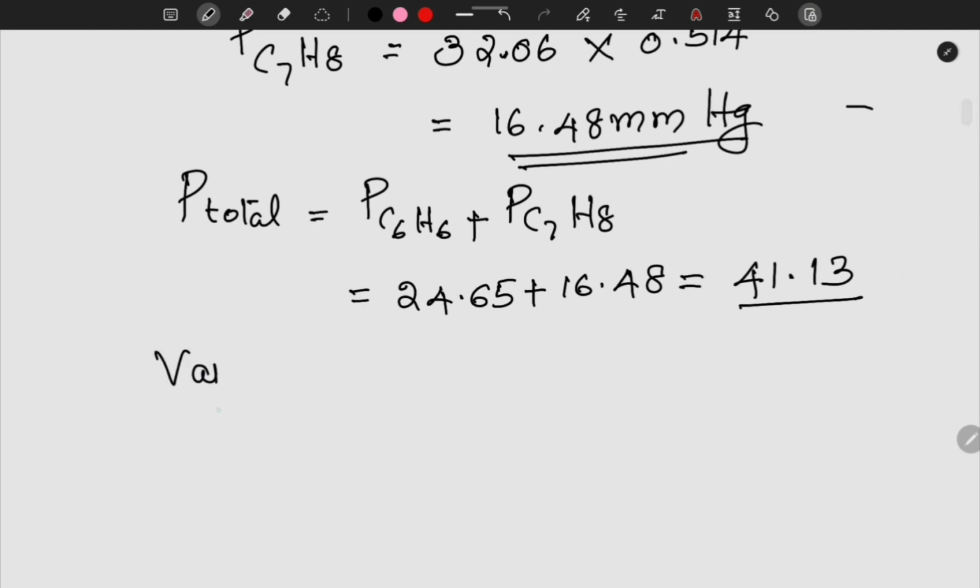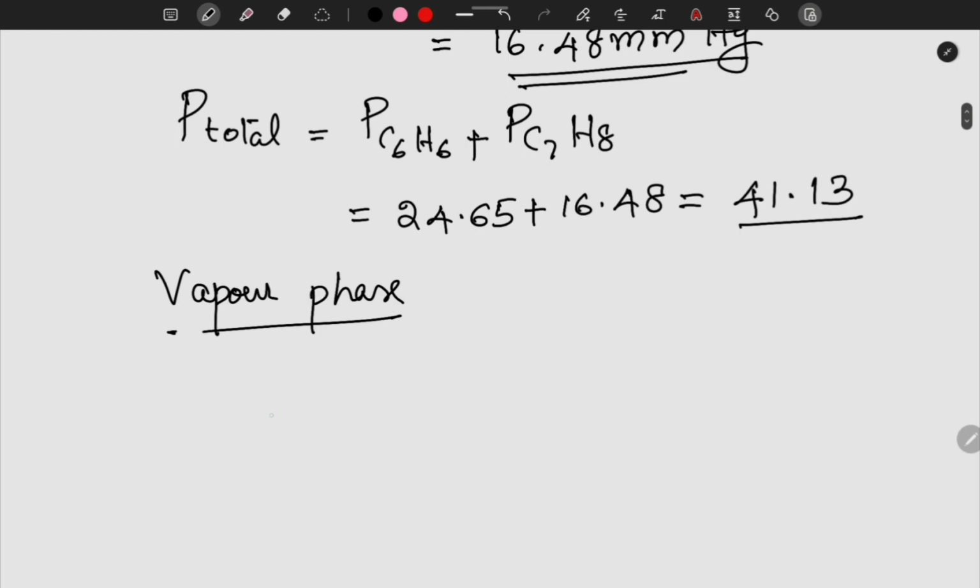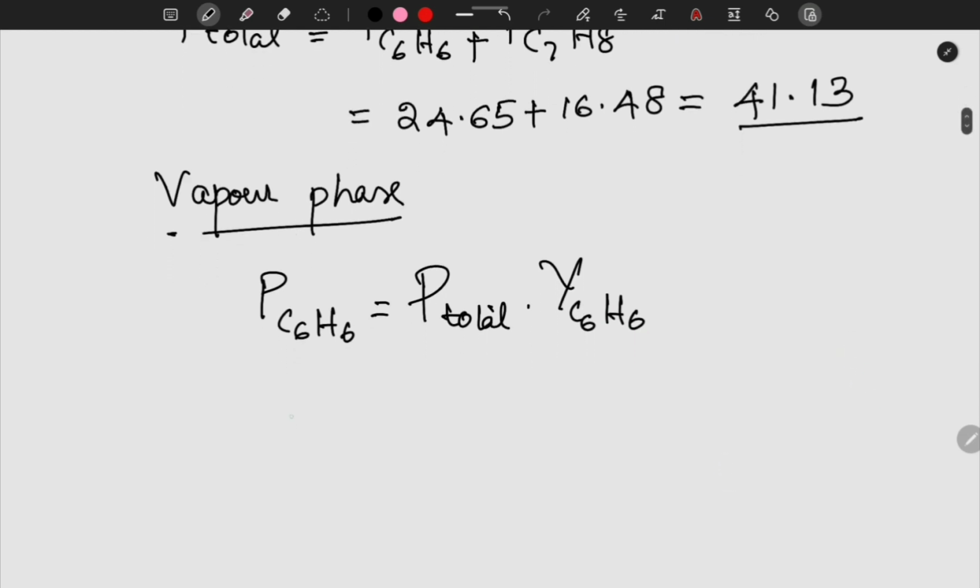Now we have to find out the mole fraction in vapor phase. So according to Dalton's law, we studied partial pressure of any component is equal to, here if we write benzene, P total into Y C6H6. So we have to find out the mole fraction of benzene, that is equal to partial pressure of C6H6 divided by P total.